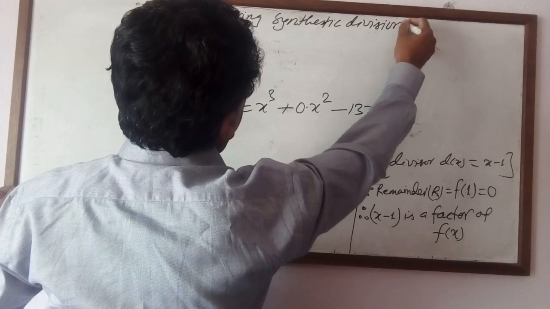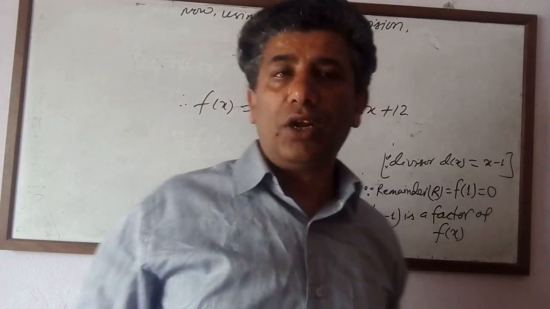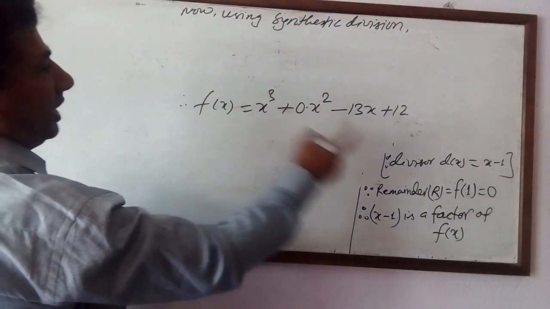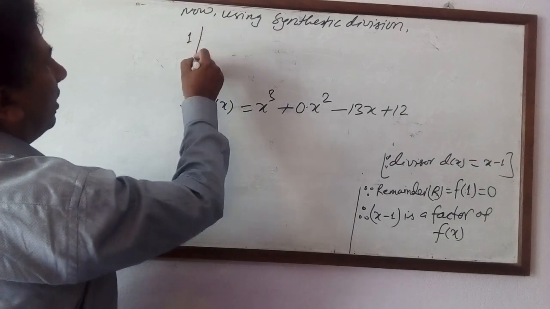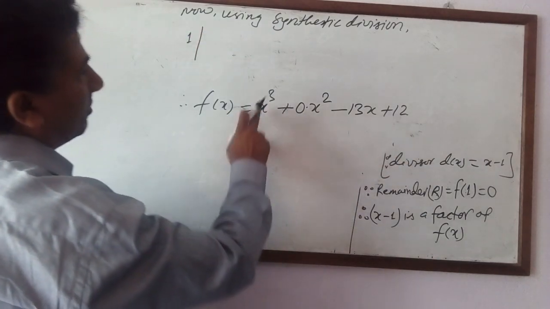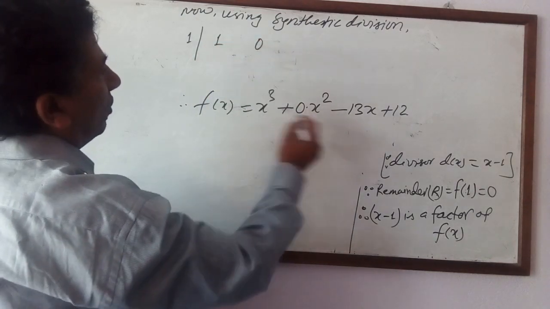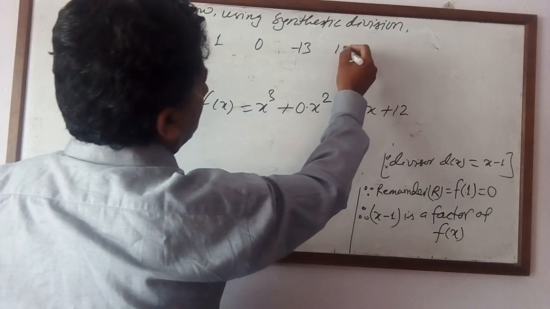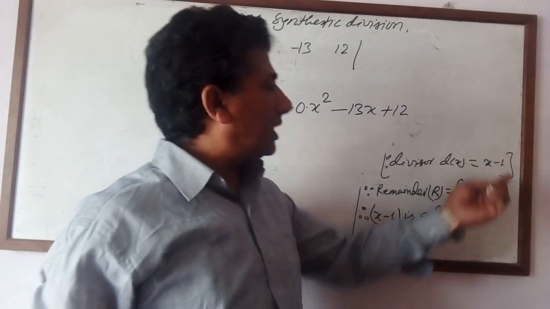Now we are going to use synthetic division. I already told you synthetic division gives both the quotient and the remainder. Now for synthetic division, x equals 1, we had taken x equals 1. Write the coefficients: x power 3 coefficient 1, x square coefficient 0, x coefficient minus 13, and last 12. Now we are dividing this polynomial by x minus 1.